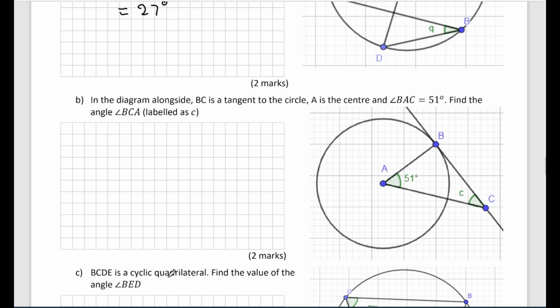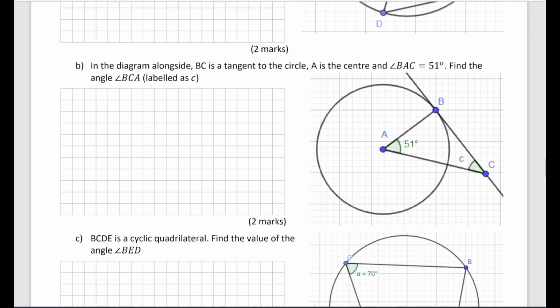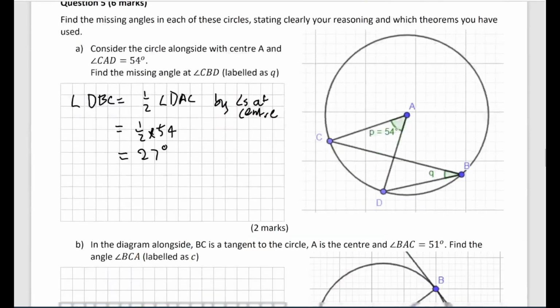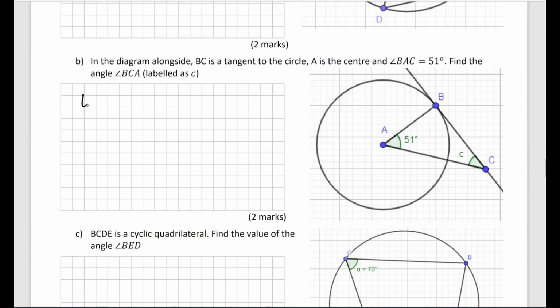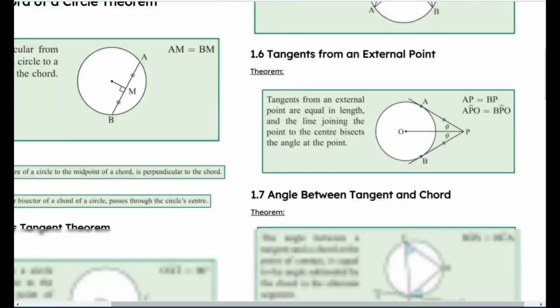All right, in this diagram, BC is tangent to the circle, A is the center, and BAC is 51. Find the angle BCA, labeled as C. So first thing we need to do is note that angle ABC equals 90 degrees by the radius tangent theorem.